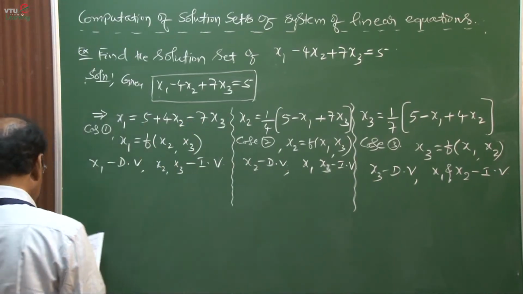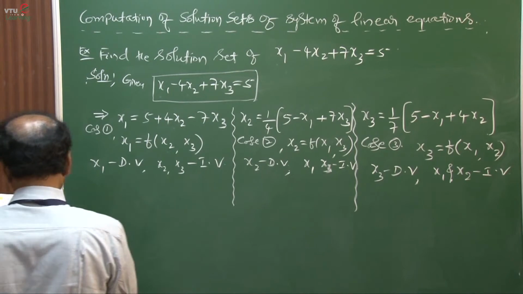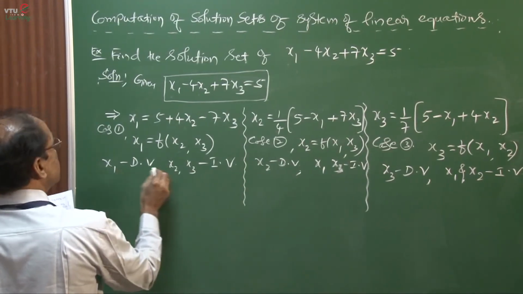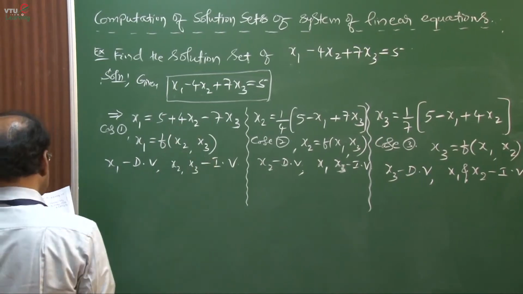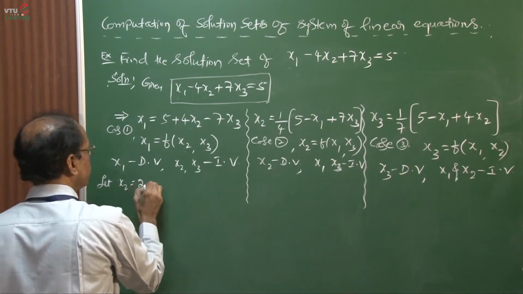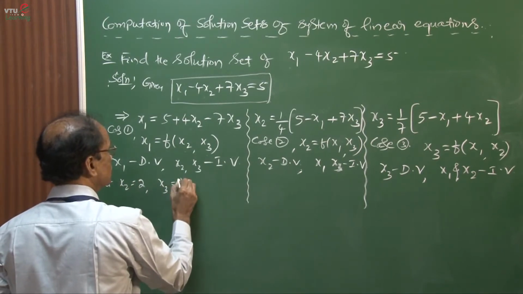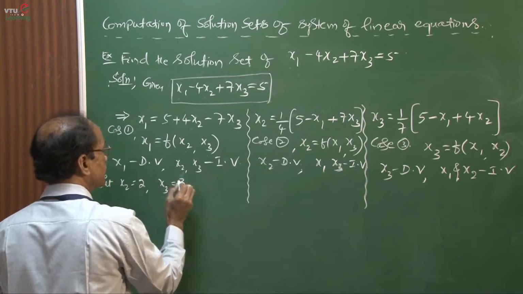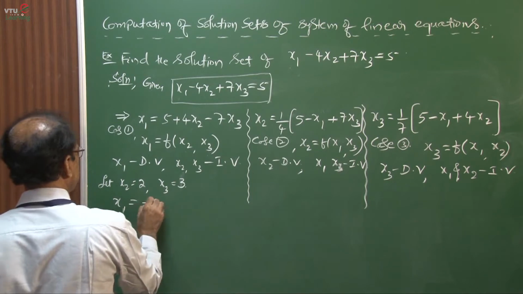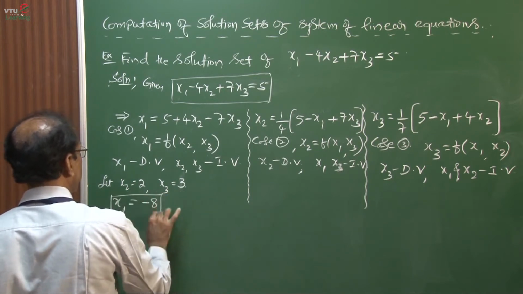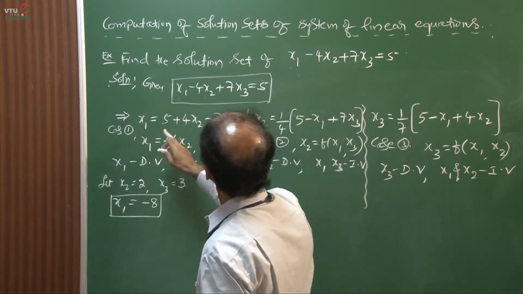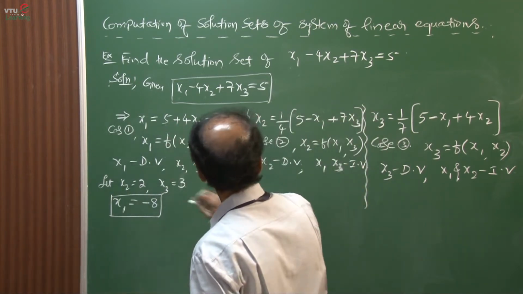For example, in the first case, x1 in terms of x2 and x3: let x2 be equal to 2 and x3 be equal to 3. Then x1 I am getting as minus 8, you can verify.